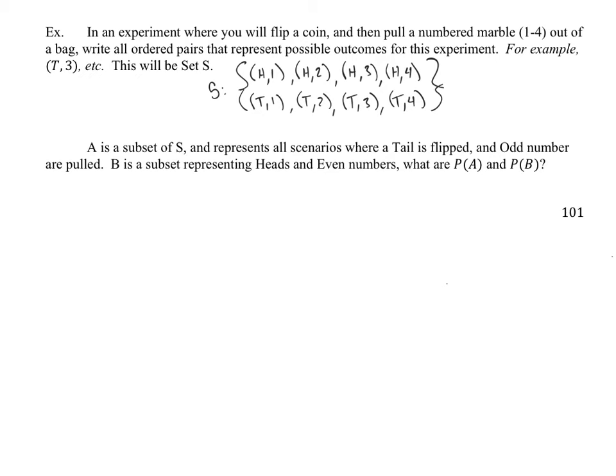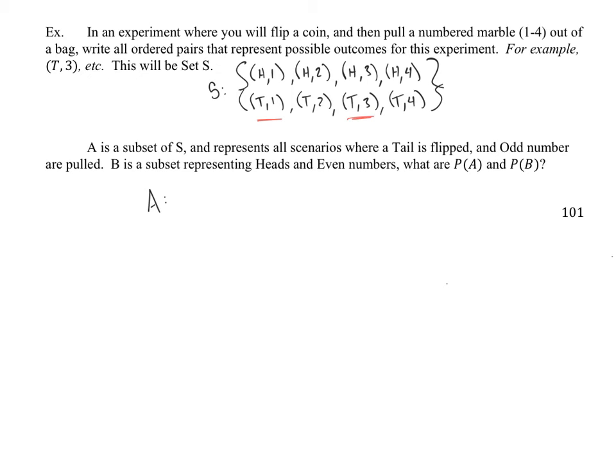All right, so there's our set S. Now A, it's saying, is a subset of S and represents all the scenarios where a tail is flipped and an odd number is pulled. B is a subset representing heads and even numbers. What is the probability of A? What is the probability of B? So let's first identify what is A. A is any of these scenarios where a tail is flipped and an odd number is pulled. Of those, I see tail, odd number, tail, odd number.